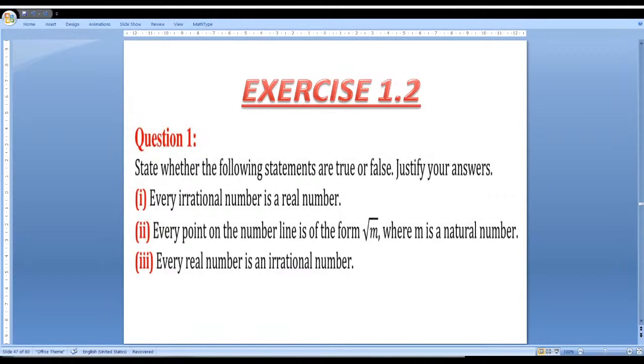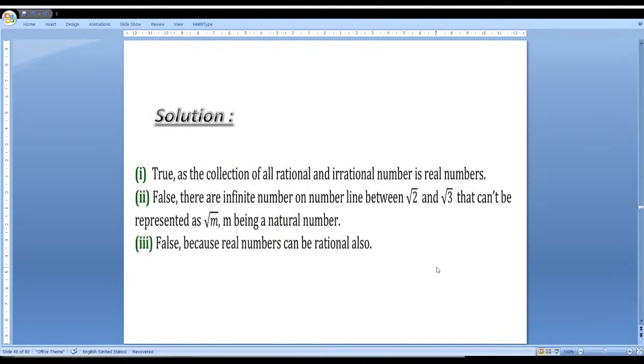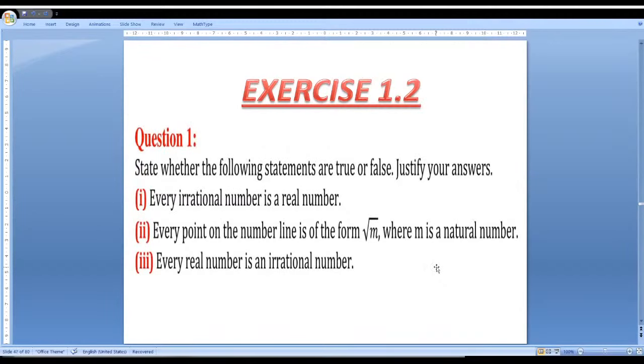Justify your answer. First one is every irrational number is a real number. See, this is true because we know that the collection of rational and irrational numbers is the real numbers. That's why every irrational number is a real number.